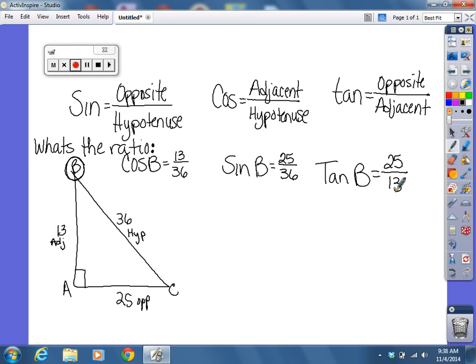If you have to turn them into a decimal, then you just take 13, divide by 36, and put it in your calculator. So these are the easiest. This is just setting up the ratio. You have to memorize the sine, cosine, and tangent, and you have to be able to label your triangle. It's the most important part.